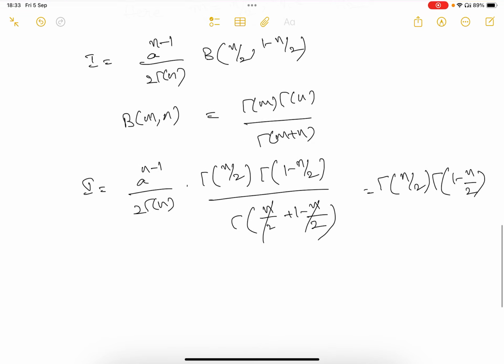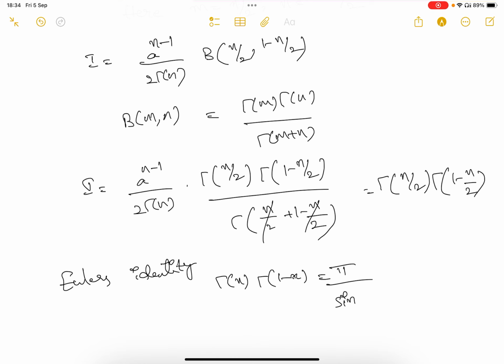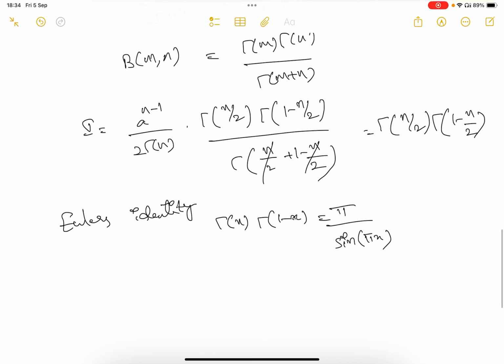So as you know, this is Euler's identity, let's write it down. From Euler's identity, gamma of x into gamma of 1 minus x is pi by sin pi x. So in our case, I is this term, right?